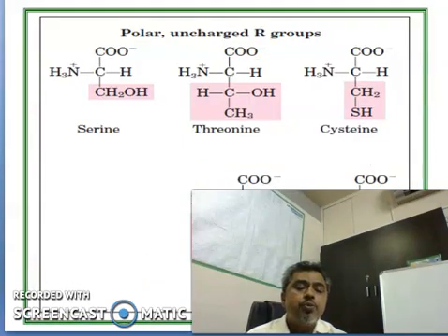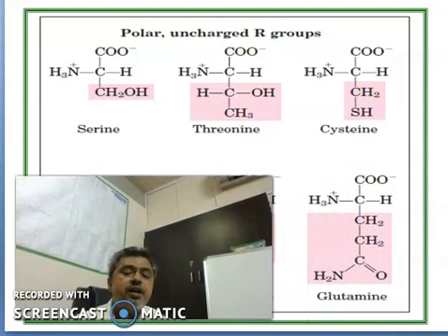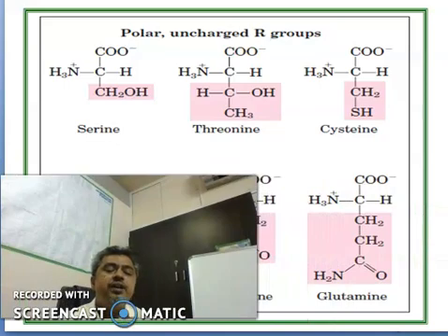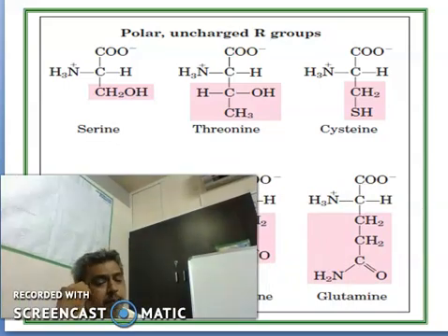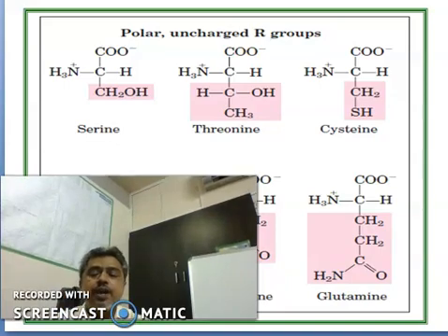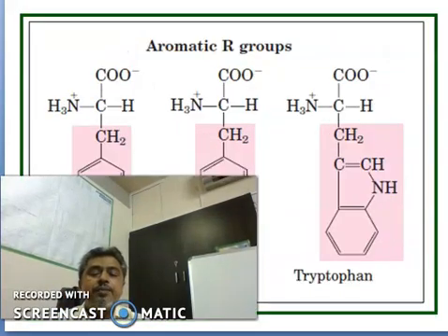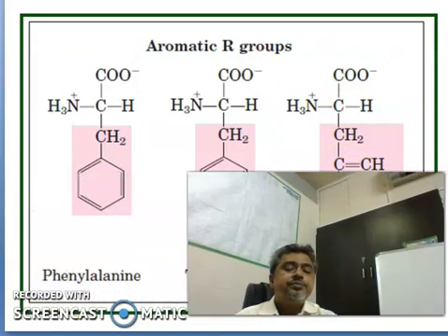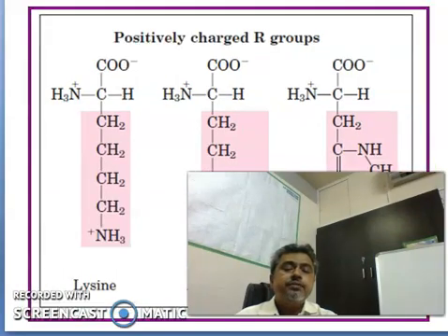Now polar groups are found in serine, threonine, cysteine, glutamine, arginine. Then aromatic amino acids, aromatic means having this structure. Then positively charged: histidine, arginine, lysine.